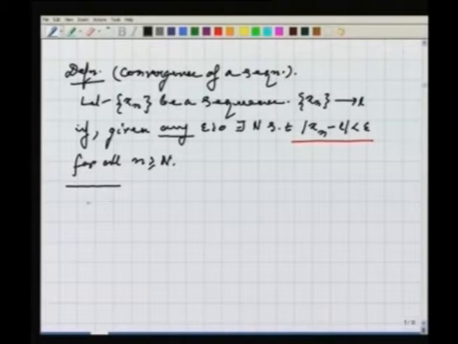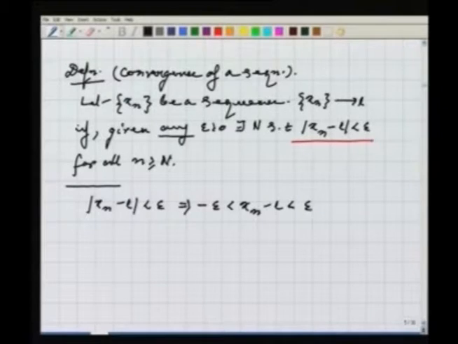It implies that minus epsilon is less than x n minus L, which is less than epsilon. If I rewrite this, it implies that L minus epsilon is less than x n, which is less than L plus epsilon.